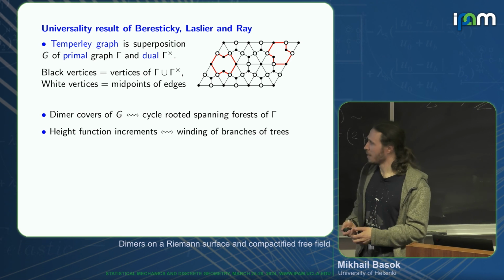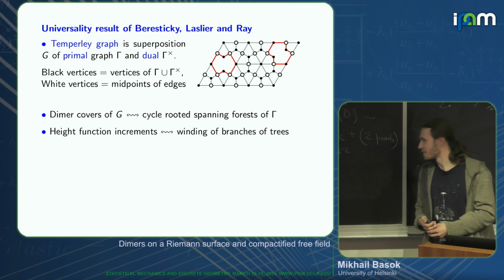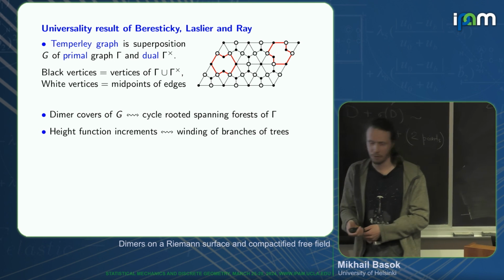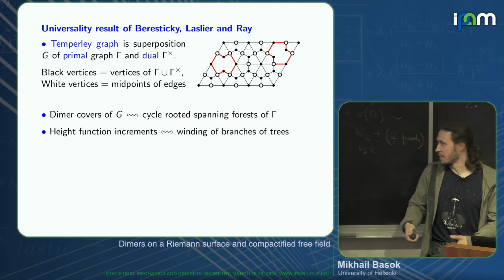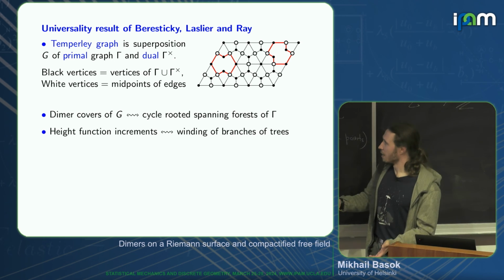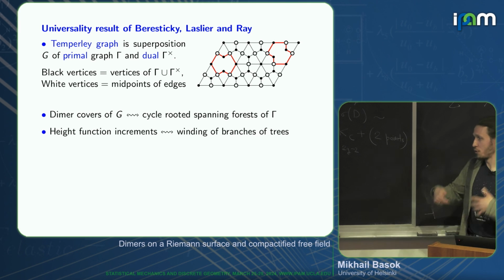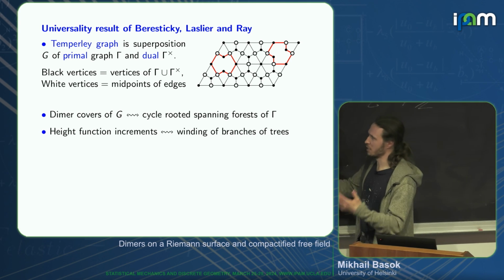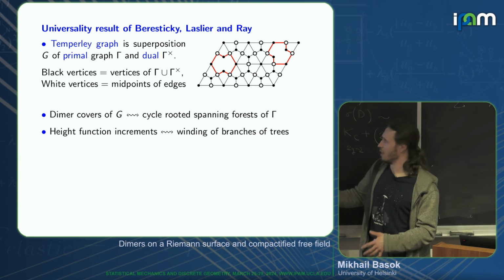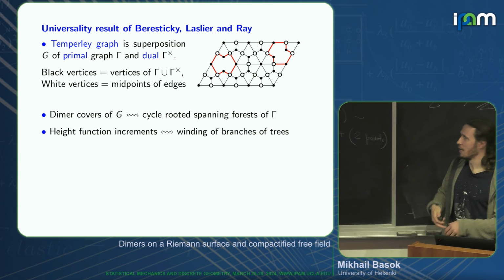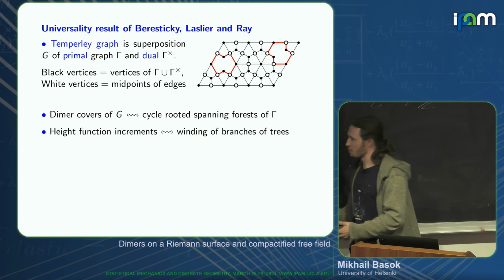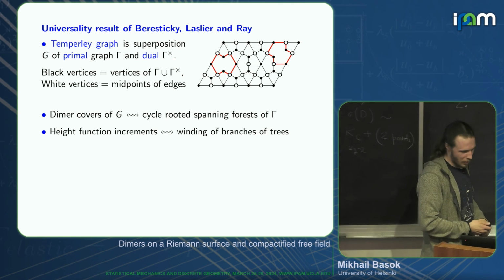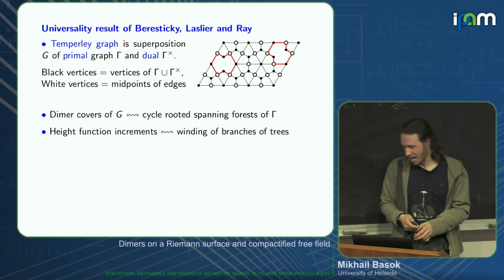Okay, so with these changes, it's still possible to find a bijection between dimer covers of the bipartite graph G and these cycle-rooted spanning forests of a certain type, not all of them, but of a certain type, somehow related with these punctures on the primal graph gamma. And what is nice about it is that there is a very nice way to generate random trees.